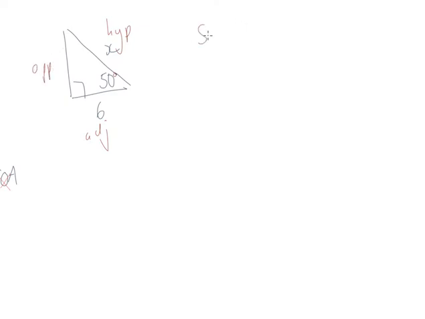I'm not interested in my opposite here. So write SOHCAHTOA out. I don't have opposite, that's gone. I'm using cos again. So cos 50 equals adjacent on hypotenuse, so it's 6 on x.